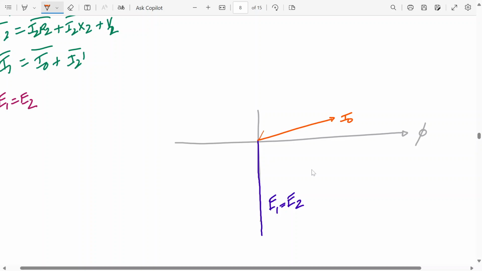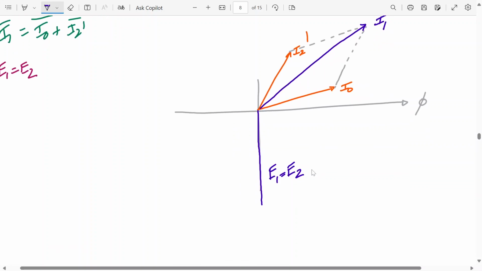Let's say this is my I2 bar. So if you draw the parallelogram now, so this will be I1. I hope you are following and doing along with me. This is I1 bar.